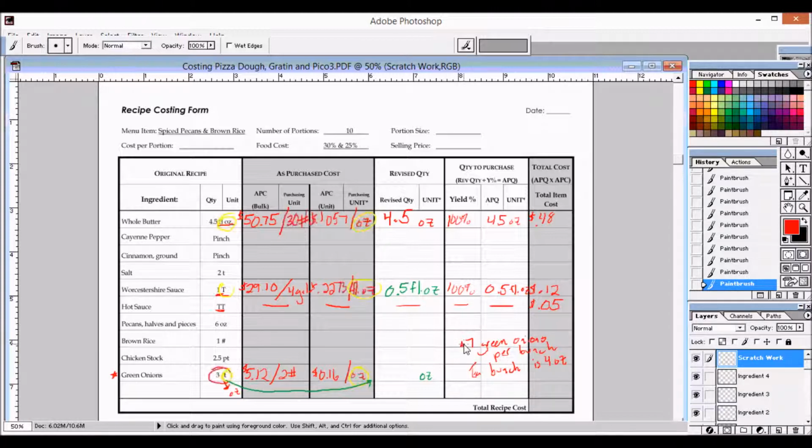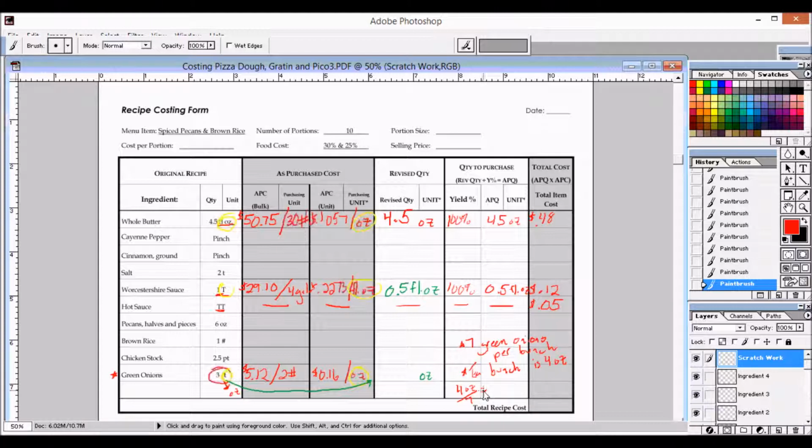So that's 2 pieces of information, and this is really helpful because knowing this means I can take the weight of this bunch and divide it by 7, and that'll tell me roughly how much each green onion weighs. So 4 ounces divided by 7 green onions will tell me the ounces per onion.